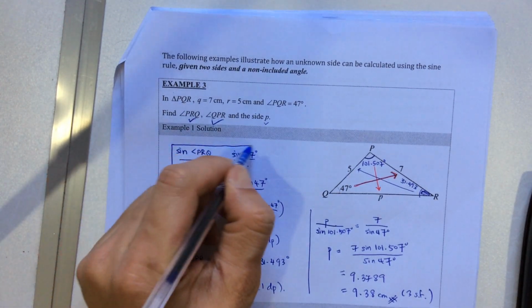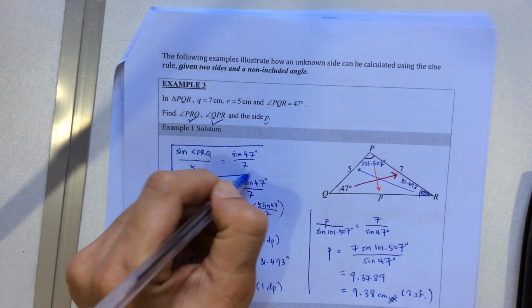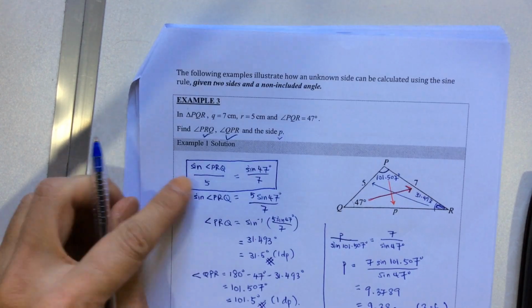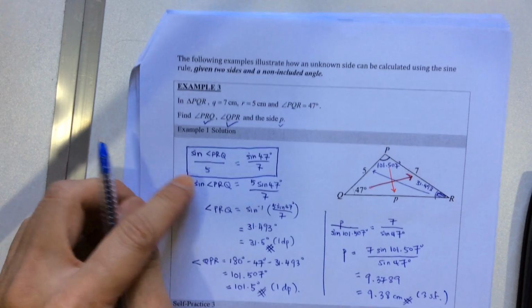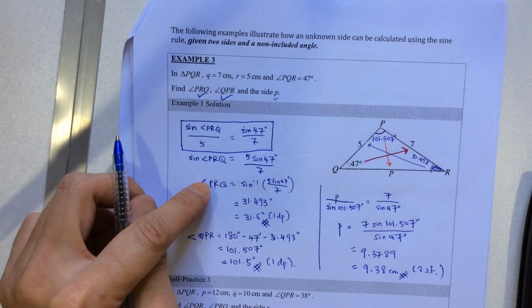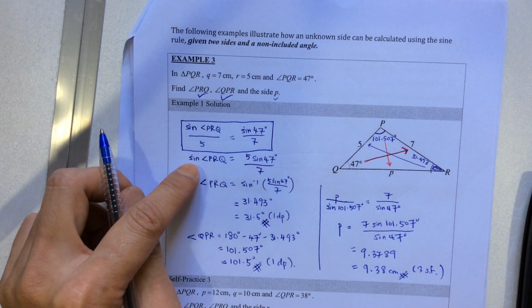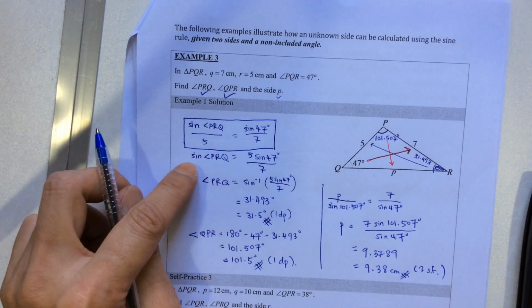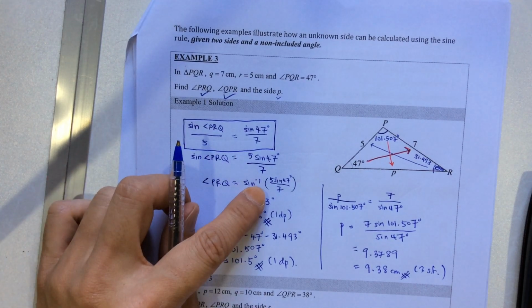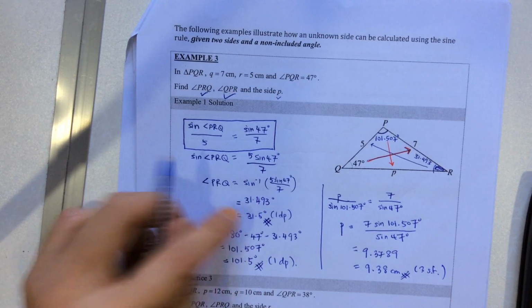Okay, to summarize this example, we can use sine rule to find an unknown angle. So somewhere along the line you have to remove the sine of angle PRQ to find PRQ, so you have to move it to the other side and it becomes sine inverse, and you get an answer.